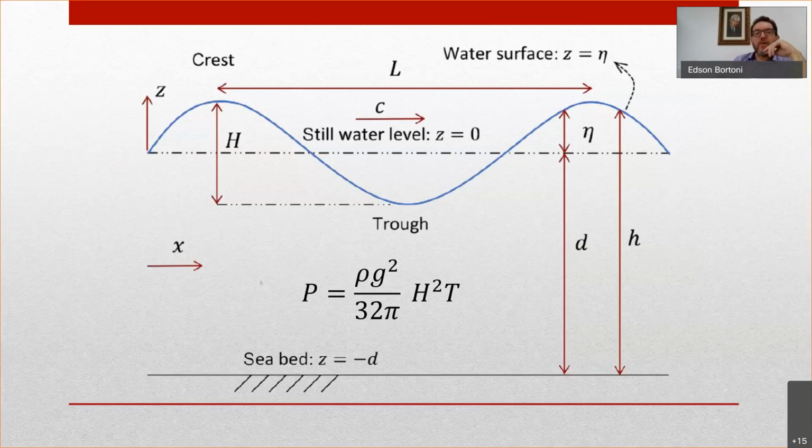This is the power of a wave. It depends on the square of the height and the time between peaks. Okay, this is the equation. So take note of this equation, because with it we can get energy from the waves.